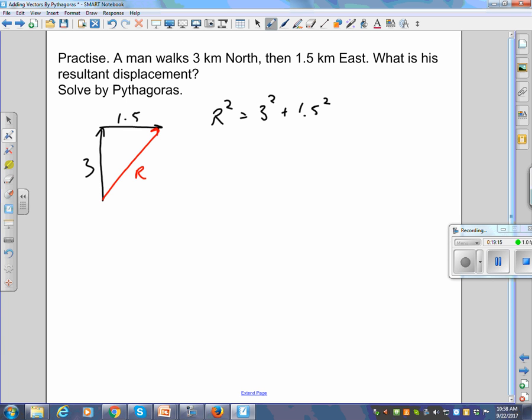And now maybe you need to do a little extra here. 3 squared is 9, 1.5 squared is 2.25, so I've got the square root of 11.25, which is, we'll say, 3.4. 3.4 what? These are in kilometers. 3.4 kilometers. And you also need the angle.